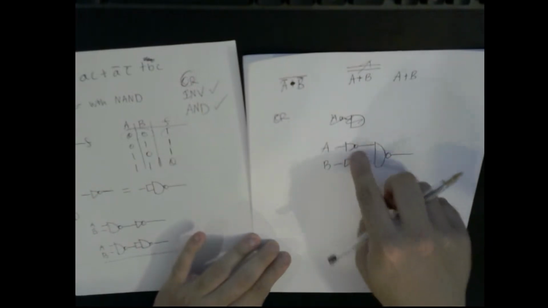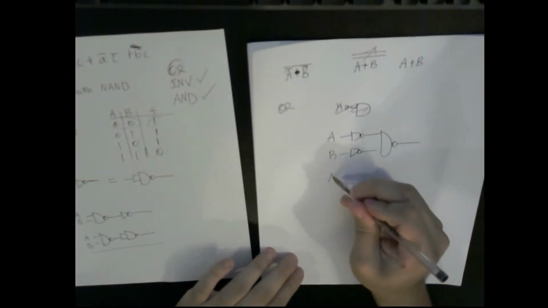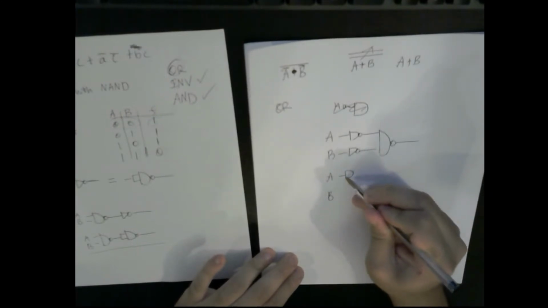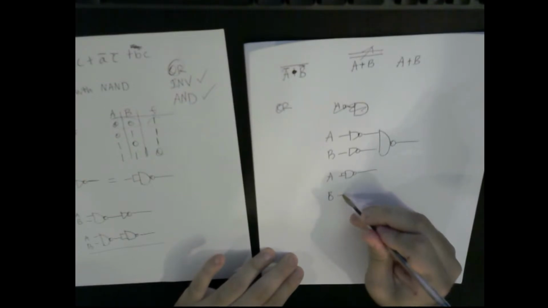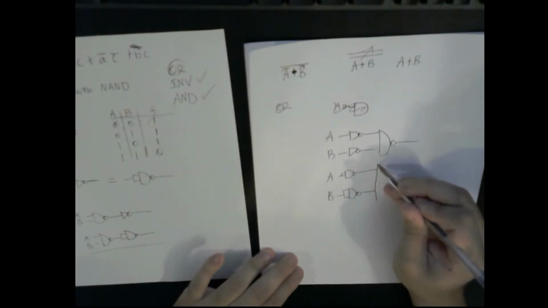And like we found out before, the inverter is just an AND gate with its inputs tied together. So then I can make this all using AND gates. So I'm drawing my inverters, then this NAND gate here. So this is the same as an OR.